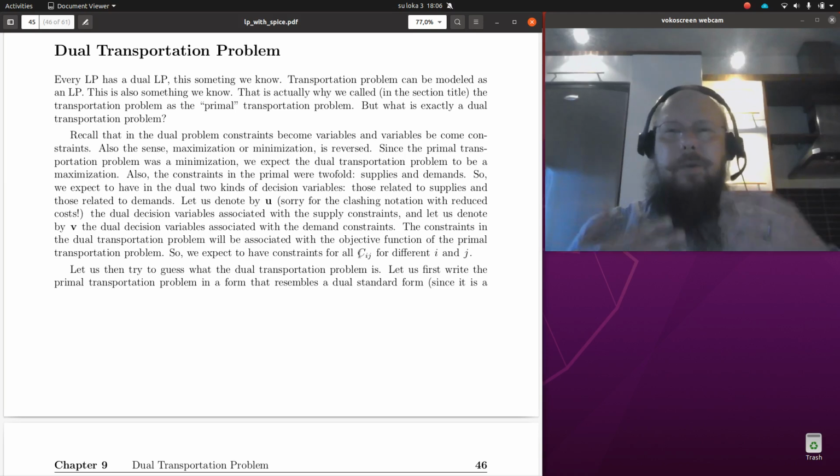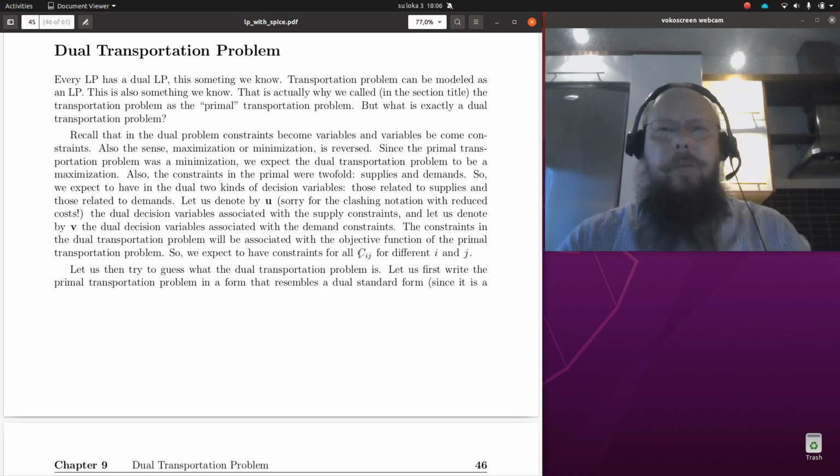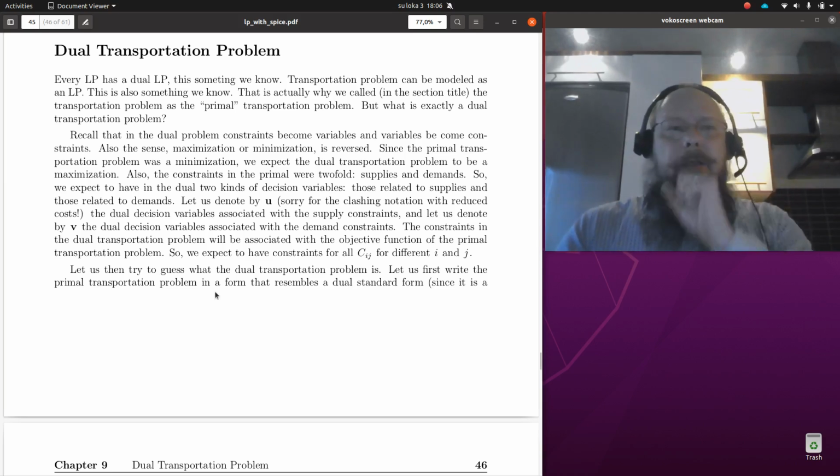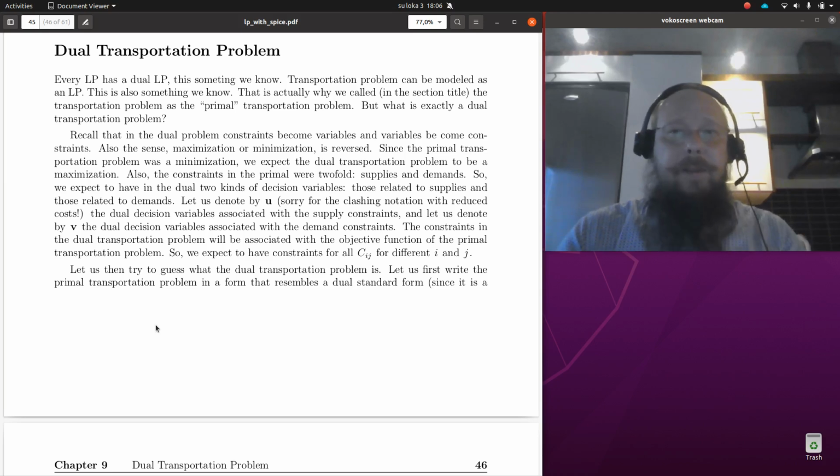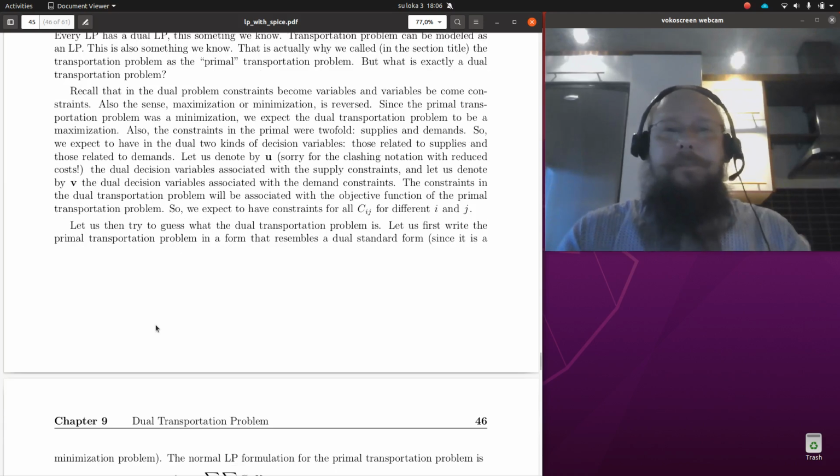This was just kind of amusing: what do we expect the dual to be? So let's try to guess it. It's better to guess and then prove that our guess is correct. This proof I will omit. Let's just hope that from the guess we see that this must be the case.